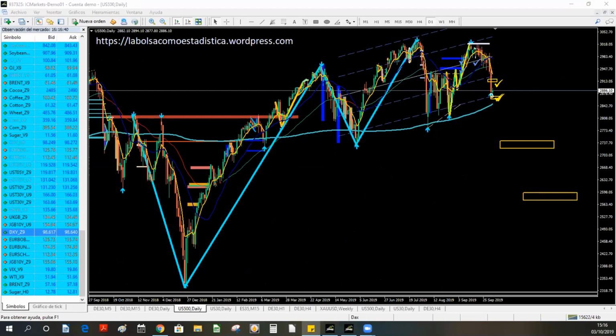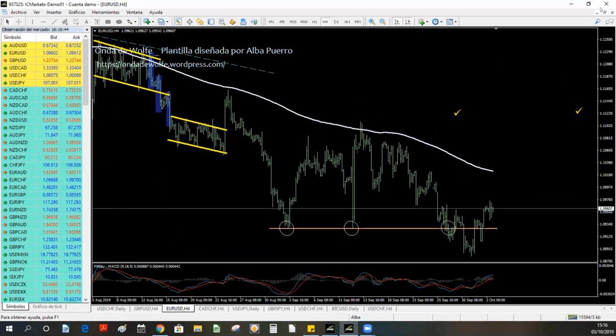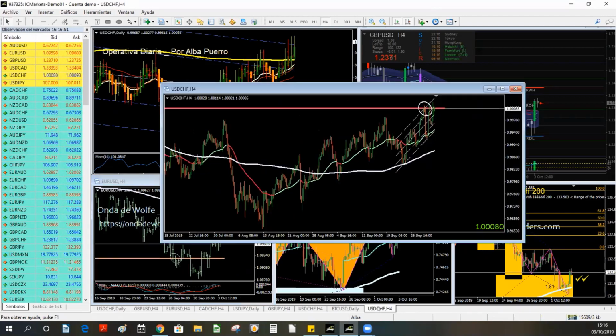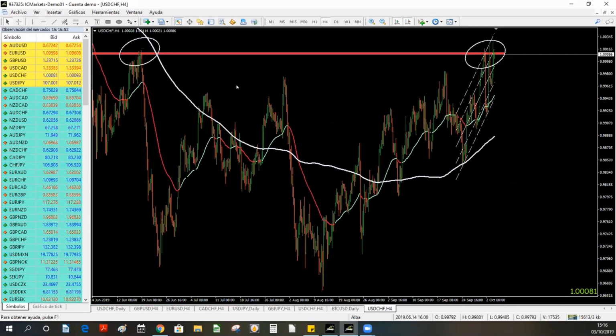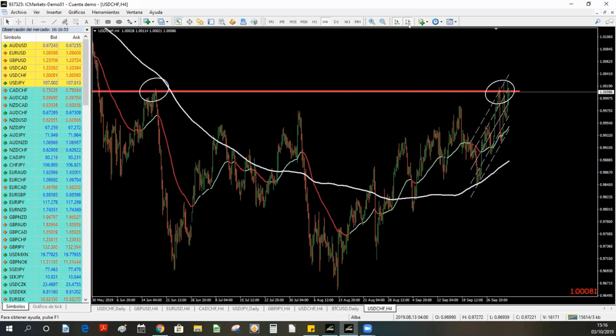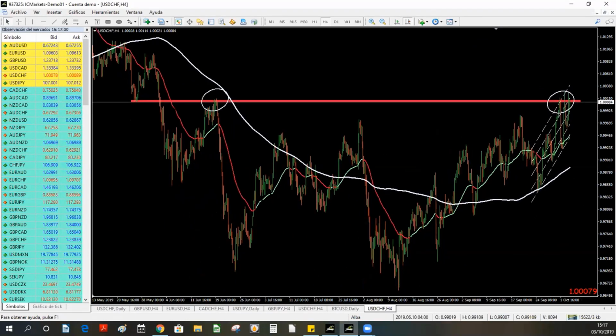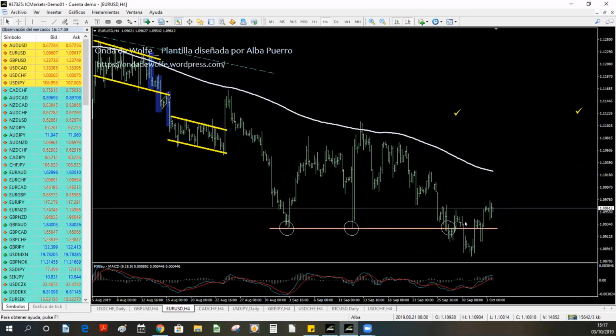So let's go with the euro dollar. Anything you wanted to? Okay. We have an attack for dollar and Swiss franc, to this area, which is a key area. And it had a strong rejection here that went with this bullish reaction in euro dollar.